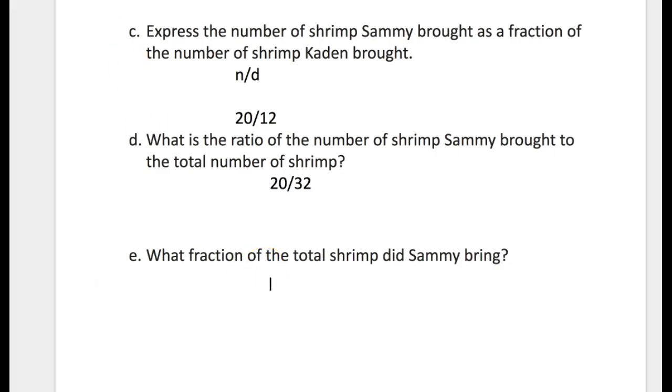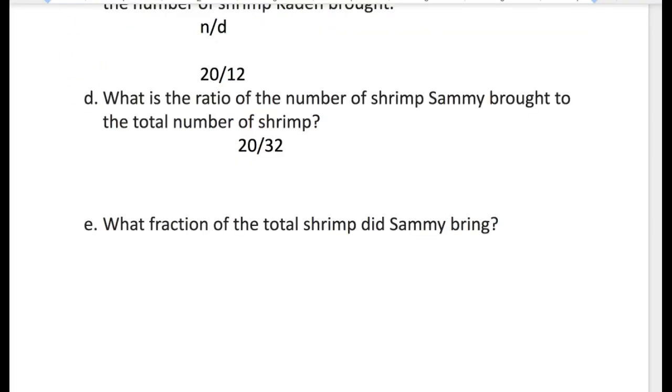And this one I'll write this way. The total number would be the numerator, and the number that Sammy brought would be the denominator. And so that's our fraction. And to write this as typing it, it should have looked like this.